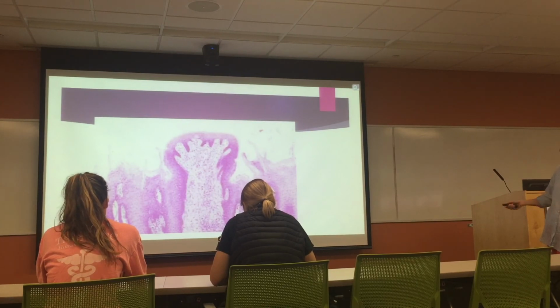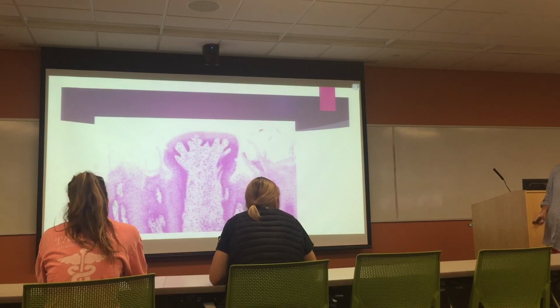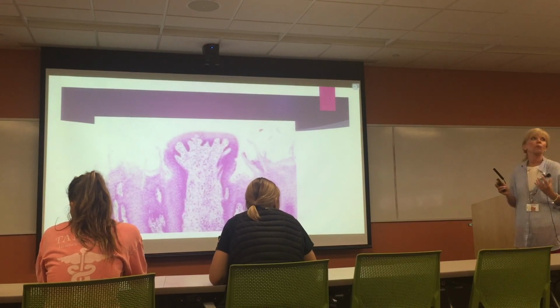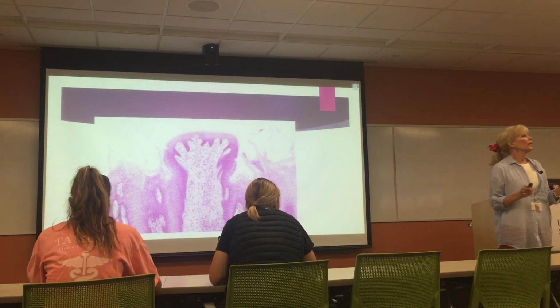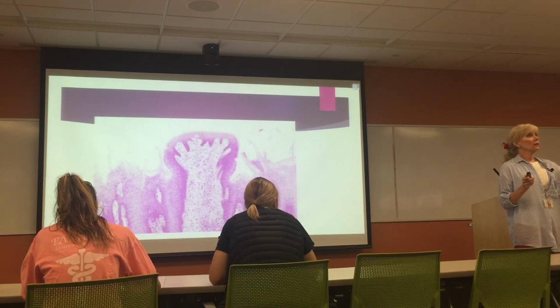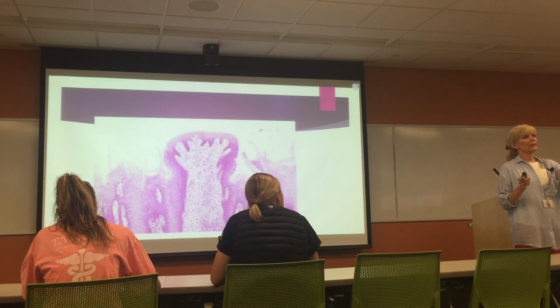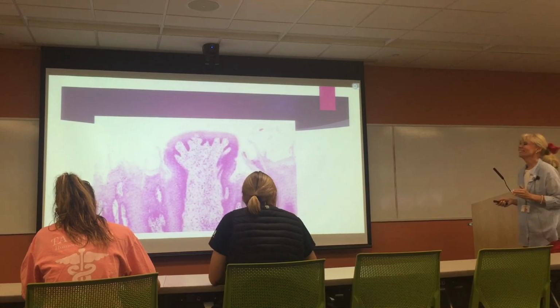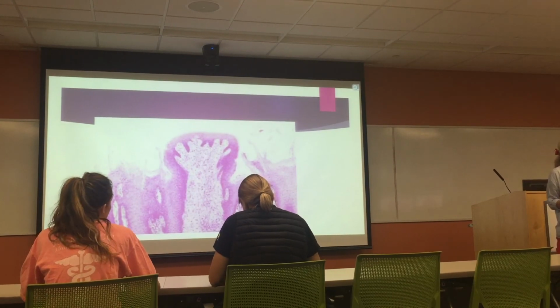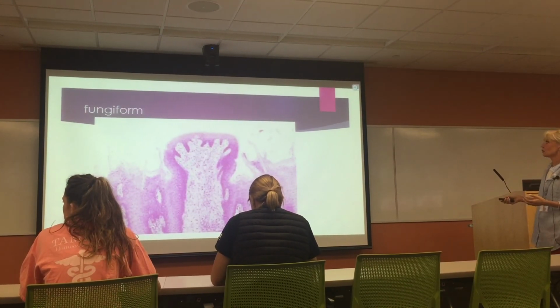One has a much deeper moat, and what else is always in the lamina propria of the circumvallate? Von Ebner's gland. That's the key to circumvallate. So this is a fungiform.